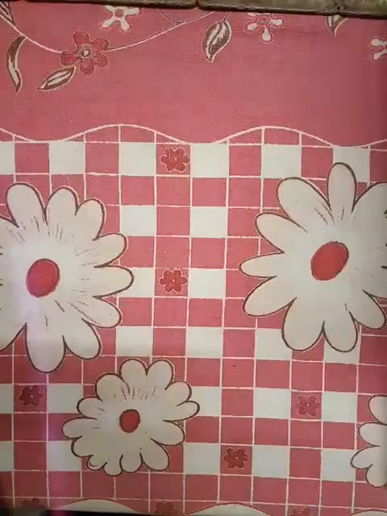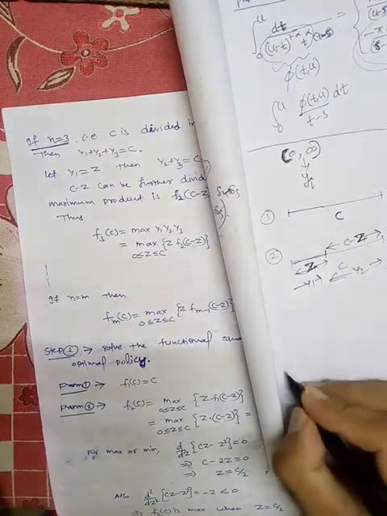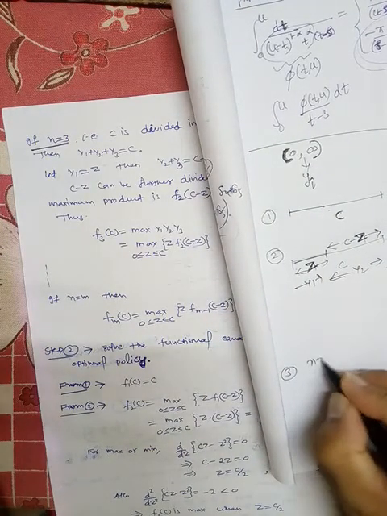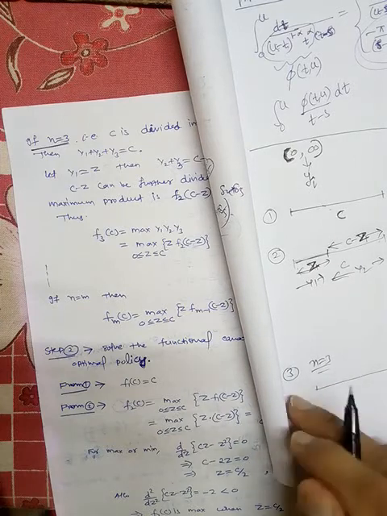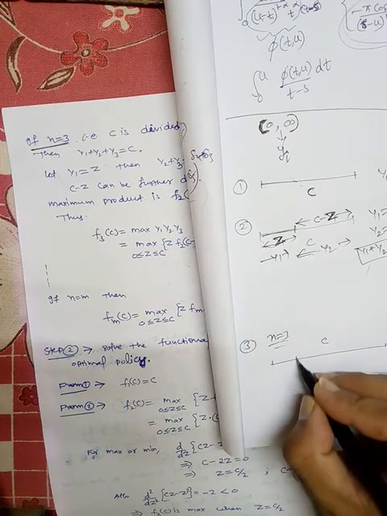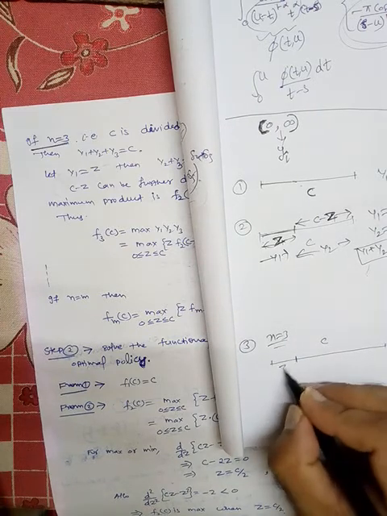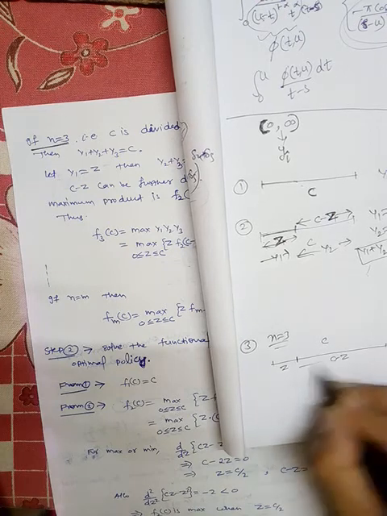Now generalize this. When n is 3, here we are dividing this quantity C into three parts. Suppose this part is Z. So we have C minus Z, this quantity from here to here.